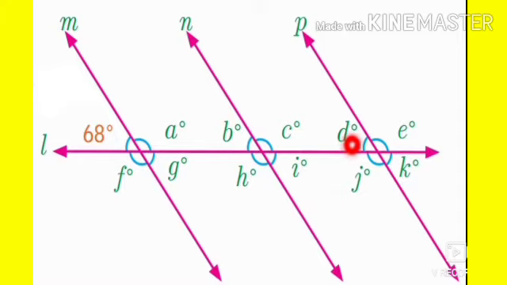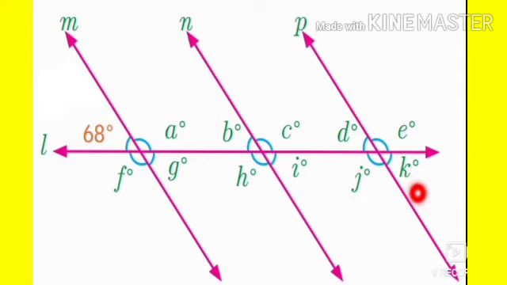And here D degree is 68 degree, and since D degree and K degree are vertically opposite angles, the measurement of K degree is also 68 degree. So our answer is, the angles having measure 68 degree are B degree, D degree, G degree, I degree and finally K degree.